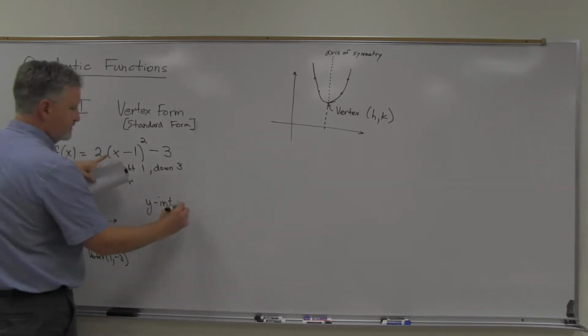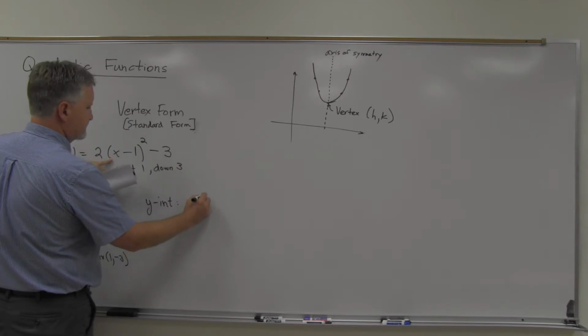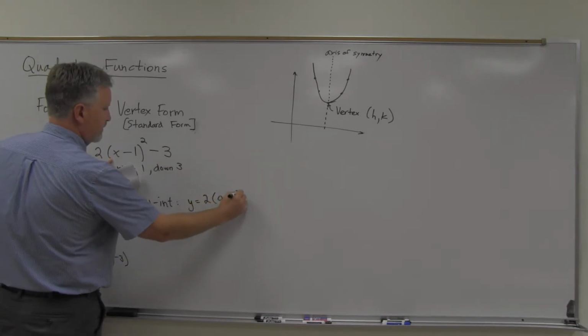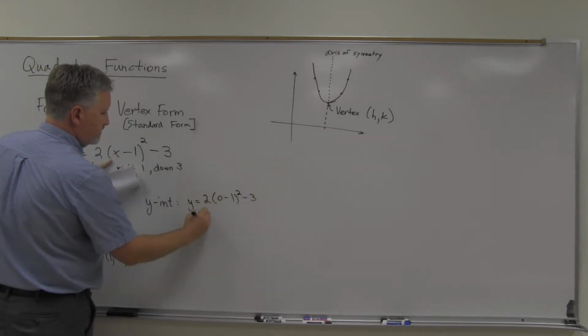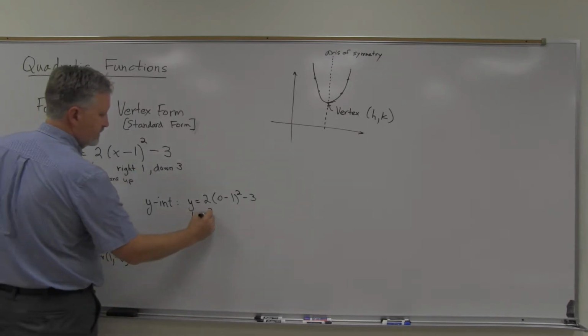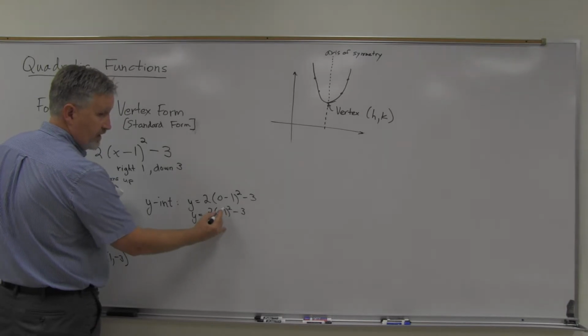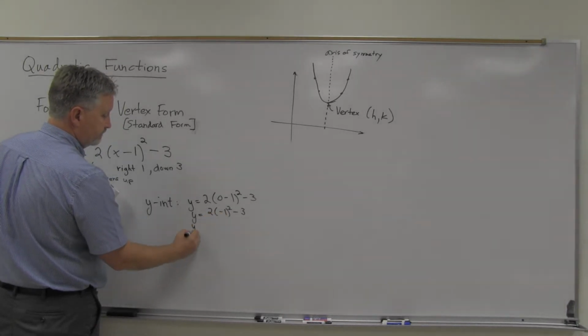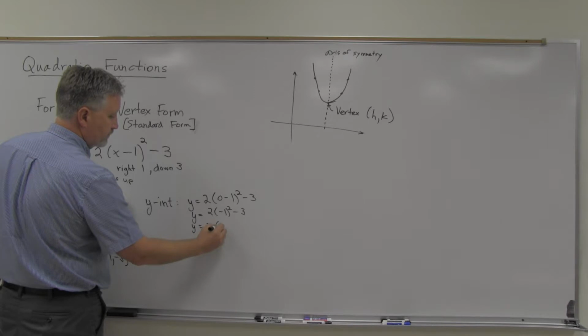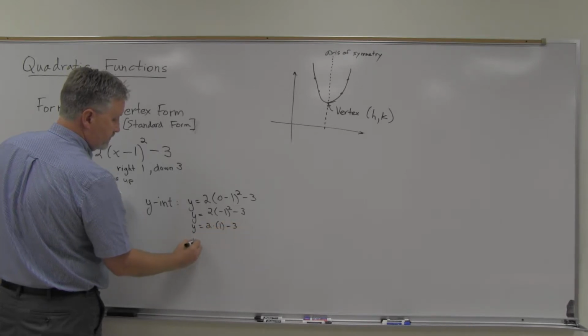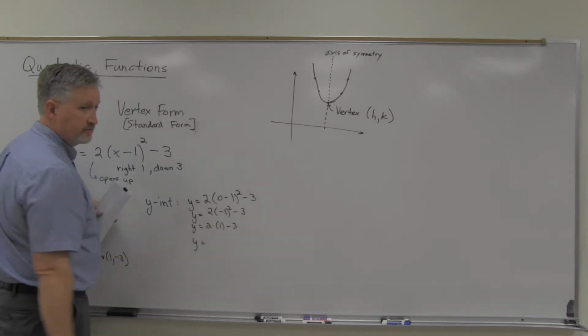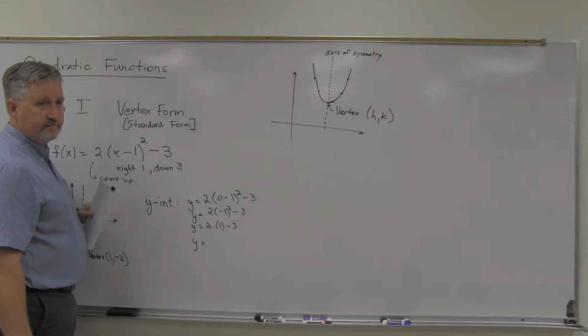So it'd be 2 times (0 minus 1) squared minus 3. That's 2 times (-1) squared, and (-1) squared is +1, so 2 minus 3 is -1. Y-intercept is -1.